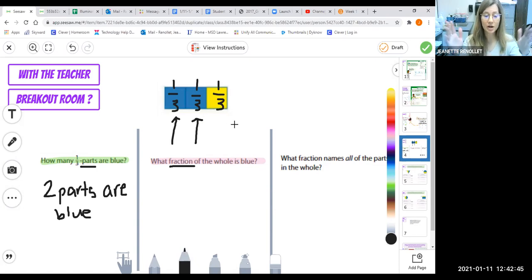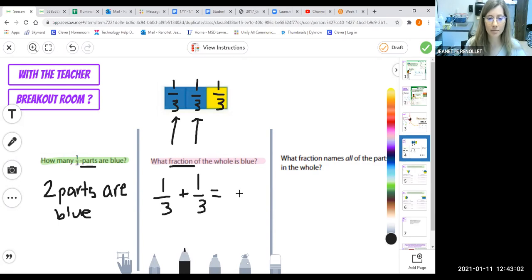I have to add 1/3 plus 1/3 to see what fraction is blue. 1/3 is blue plus another 1/3 is blue. When I add those together and combine them, I know I have 2/3 that are blue. Now I know what fraction of the whole is blue.